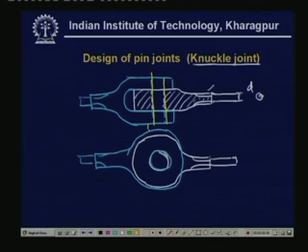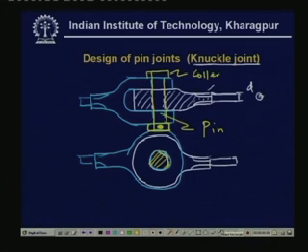This is the pin, and this part is known as the collar of the pin. We insert a pin over here, there is a collar, and we fix this pin with this nut-like arrangement by means of a split pin. We insert the split pin through a hole here and then fix it. So this is what is known as a knuckle joint.